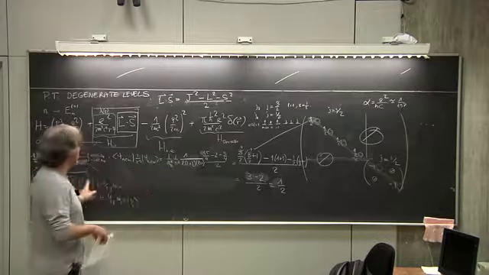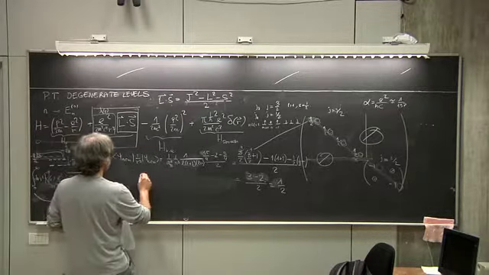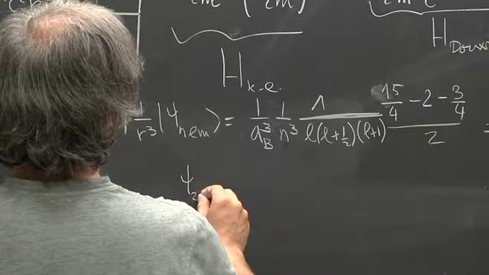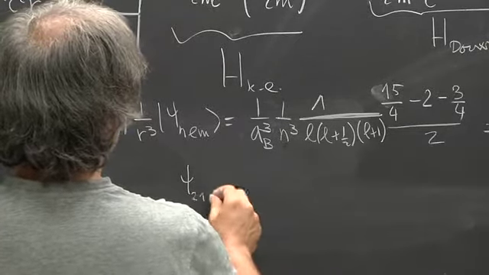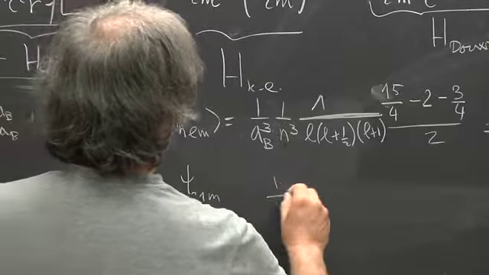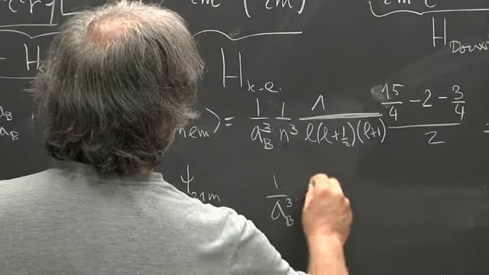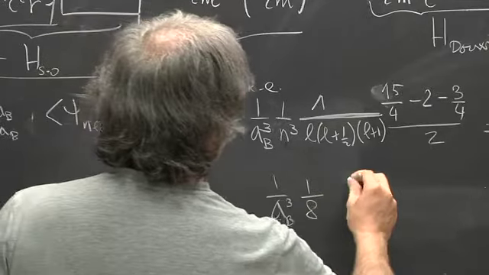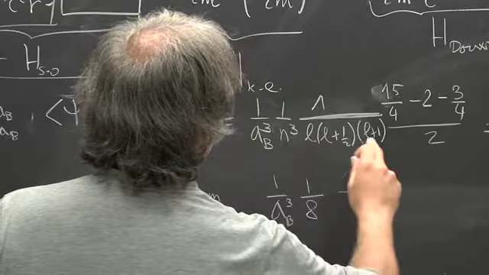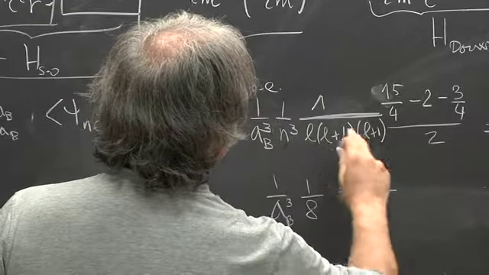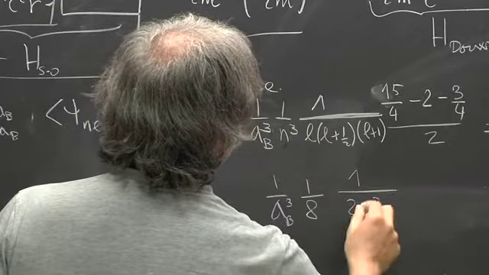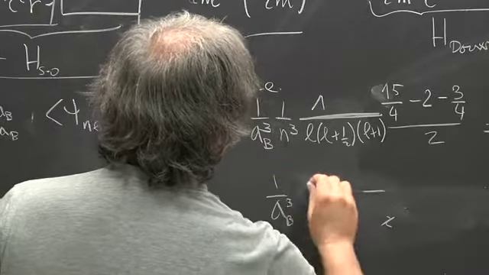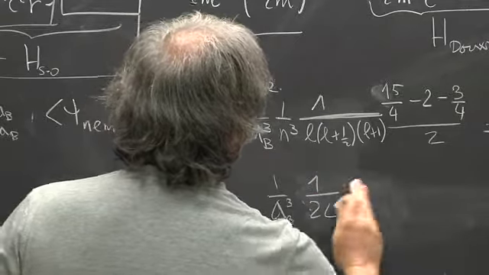So for the one you need, the psi 2, 1, m, then you would have 1 over ball radius cubed, 1 over 8, 1 over 2 times 3/2. So 24, if I'm not mistaken with my algebra.